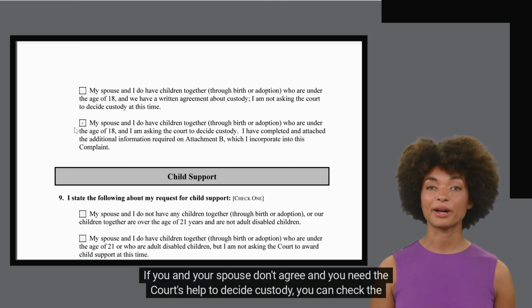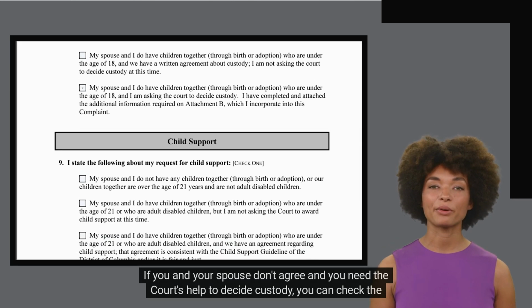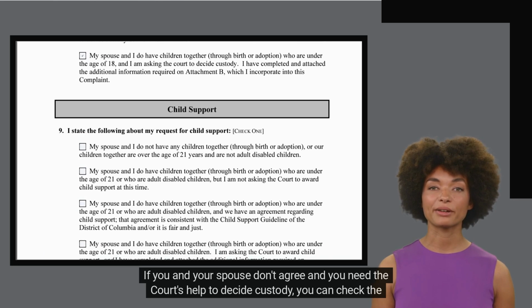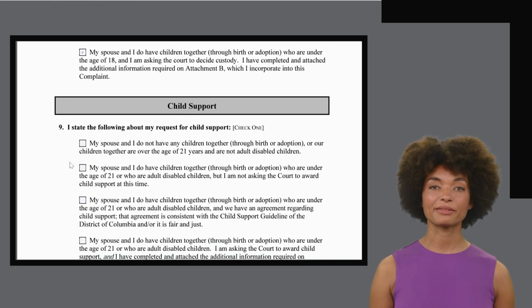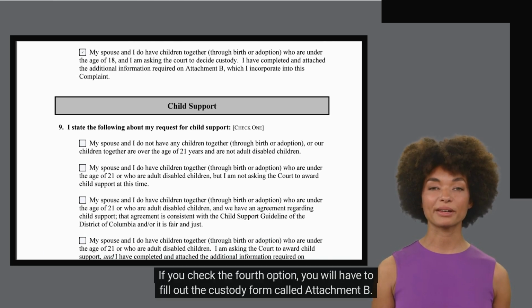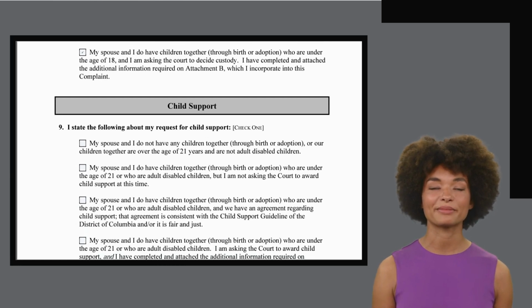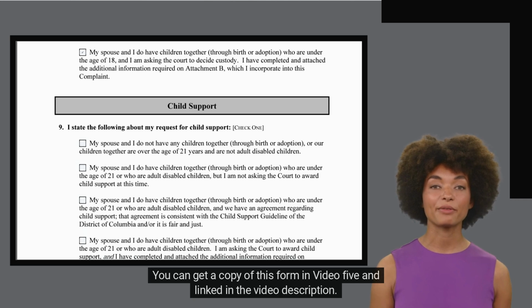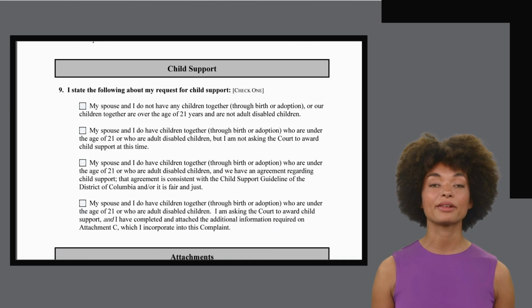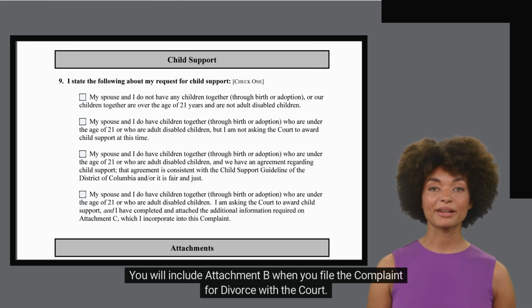If you and your spouse don't agree and you need the court's help to decide custody, you can check the fourth option. If you check the fourth option, you will have to fill out the custody form called Attachment B. You can get a copy of this form in video 5 and linked in the video description. You will include Attachment B when you file the complaint for divorce with the court.